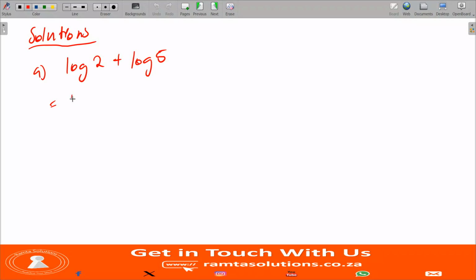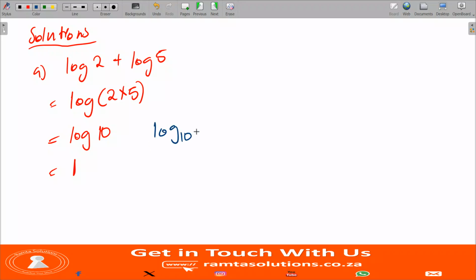So this becomes log 2 times 5, which is log 10. If this is log 10, with base 10, this must be 1. This is because we see this as 10, 10, so when you have this form of a log, it becomes 1. Perfect.